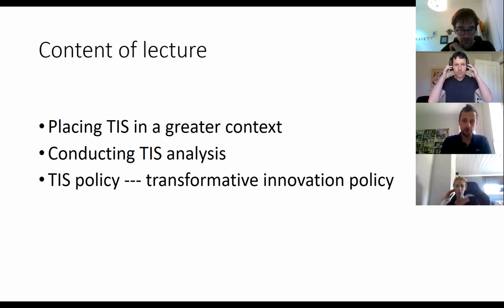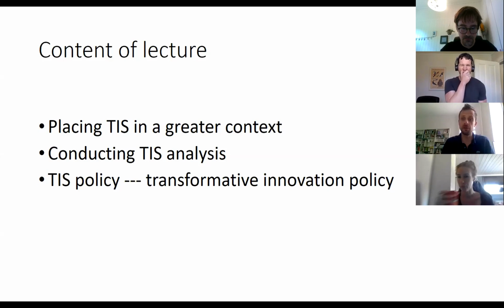What I hope to cover is, one, placing TIS in a greater context; two, a section on how to actually do a TIS analysis; and thirdly, some reflections on TIS policy recommendations versus the greater field of transformative innovation policy, which has been developing in recent years and is very closely connected to sustainability transitions. So, reflecting a bit on the relation between those two. That's the outline of the next 45 minutes or so.